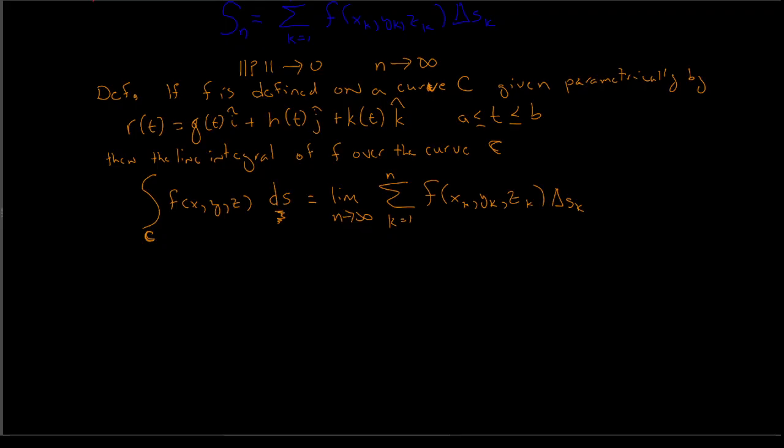And so if the curve is smooth, and a smooth curve, if we go back to the definitions from Calc 1, means that we'll use a velocity vector, that the change in the position vector with the change in parameter t is continuous and never 0.